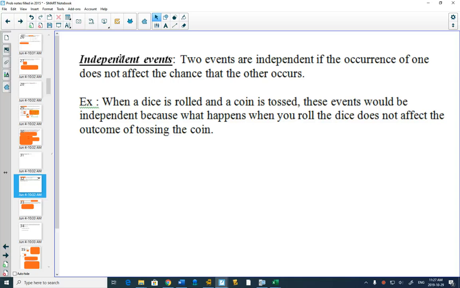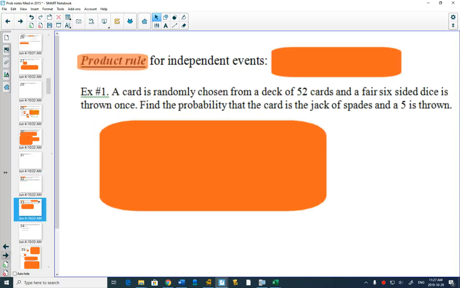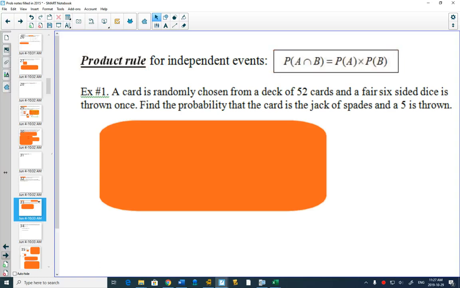So, dice is rolled, coin is tossed. These are independent because one does not affect the other. Here's a product rule for independent events. Probability of A and B is equal to the probability of A times the probability of B. What are my chances of flipping the coin and getting heads and rolling a 4?